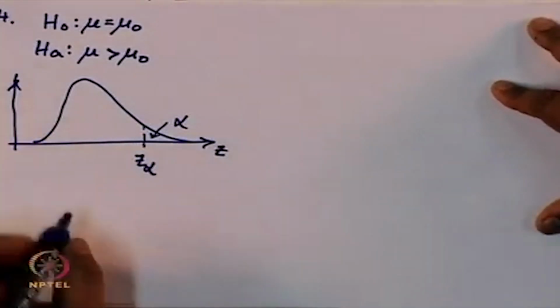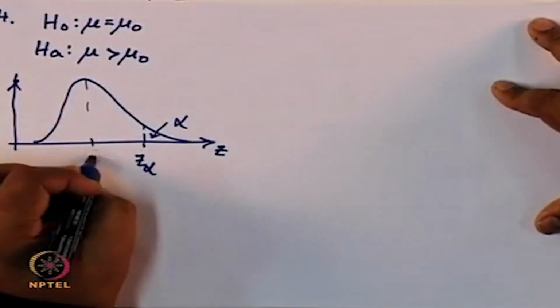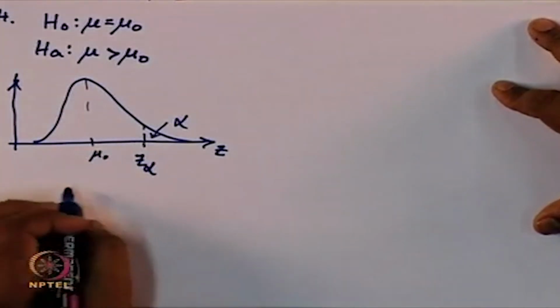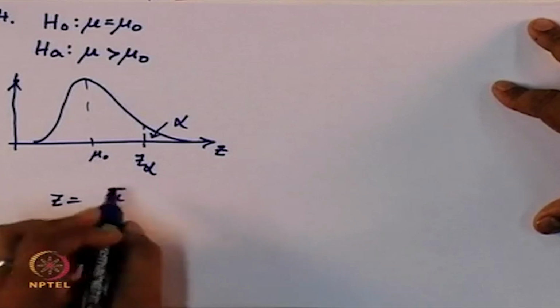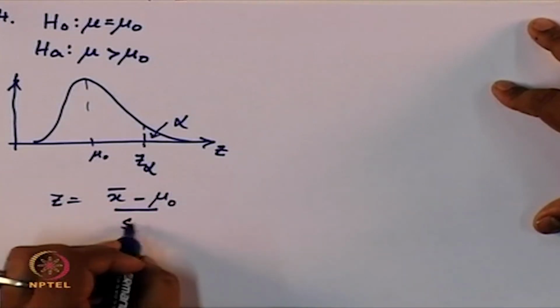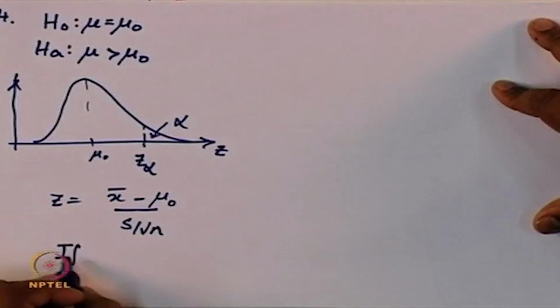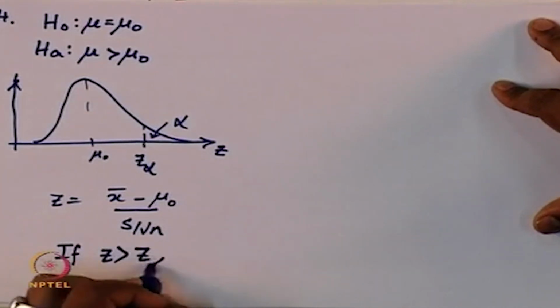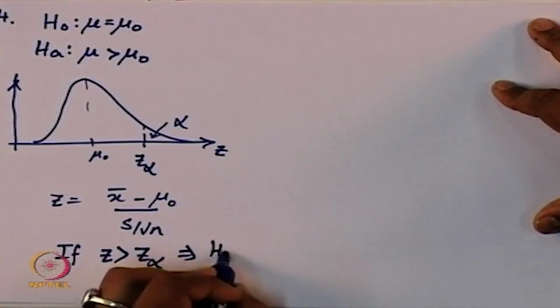So, this is your mu naught. You will calculate Z as x bar minus mu naught by S by root n. If Z is greater than Z alpha, then H naught is rejected.